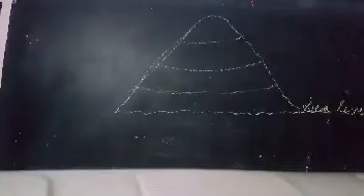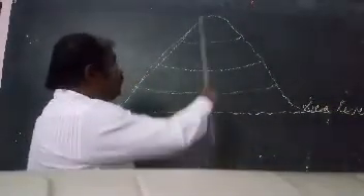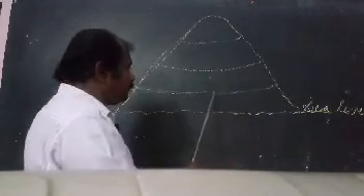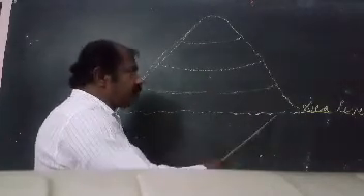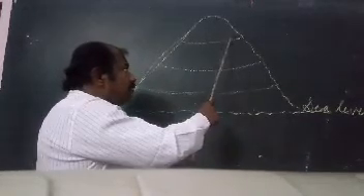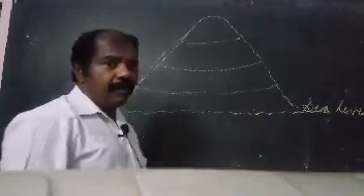Now look at this picture here. In this picture, there is a hill and these are different levels of height. The height is measured up to here, and from there up to here, from there up to here, then up to the top.